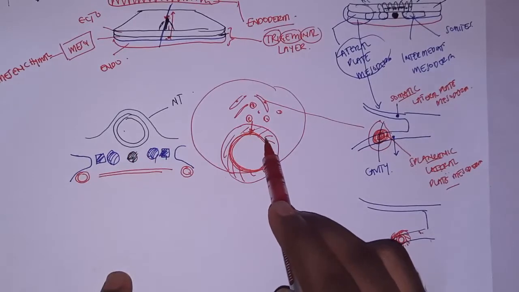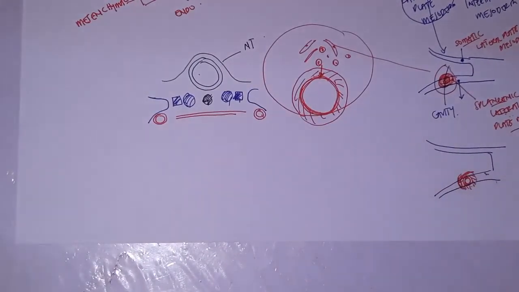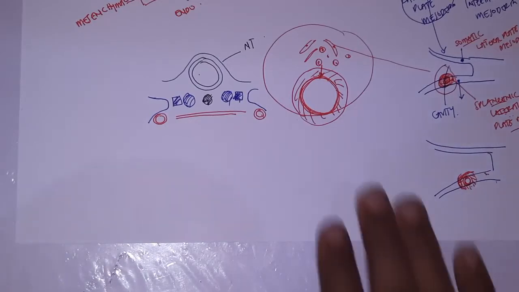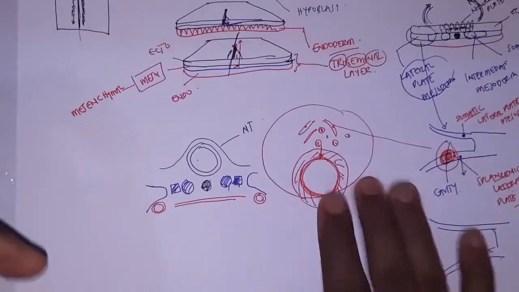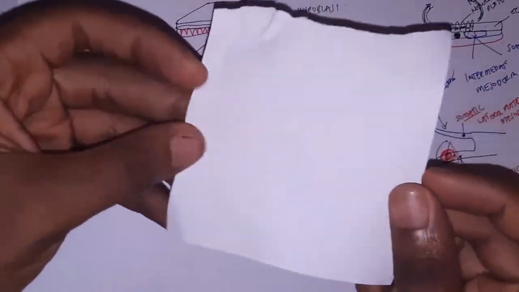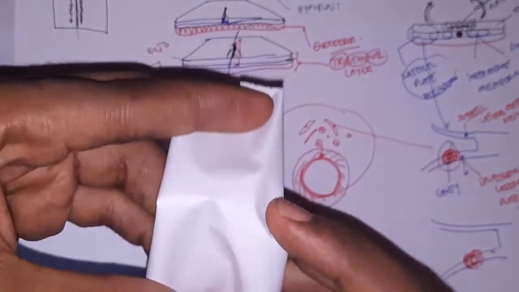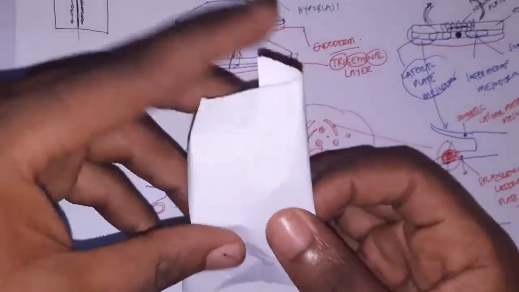This is the primitive heart. Okay, so now what happens is the fetus begins to fold craniocaudally and laterally. So imagine this plate is here. You have the fetus folding this way and also folding this way. Pardon the wrinkling.